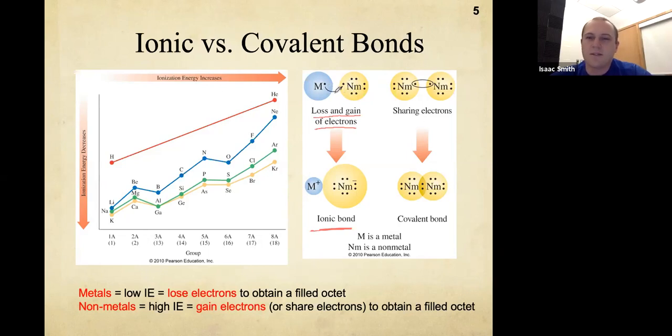So this is a very favorable interaction here, okay? This metal loses an electron, the non-metal gains an electron, and by doing that, you form charges, right? If you add an electron to the non-metal, you're going to have a negative charge. And if you lose an electron from a metal, you're going to have a positive charge. Well, then these are going to attract, just like you'd imagine, like a magnet or something, right?